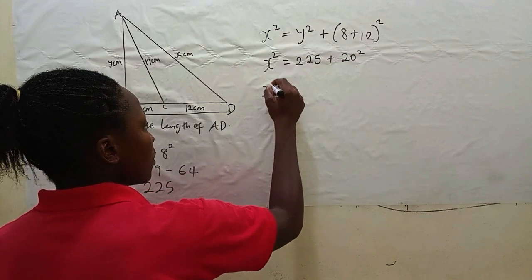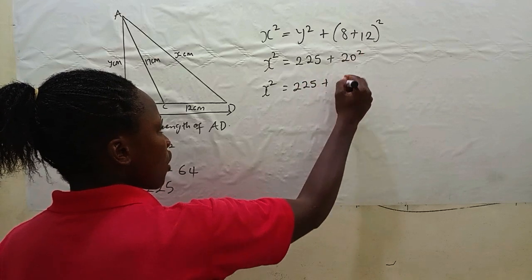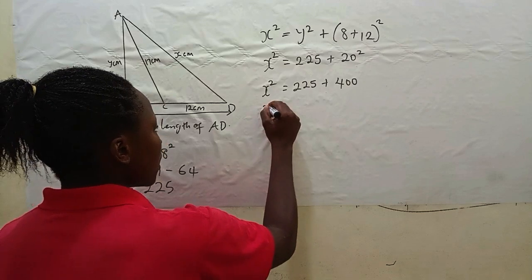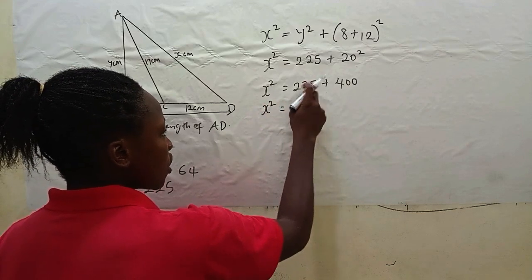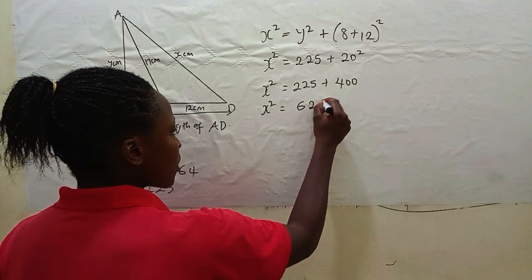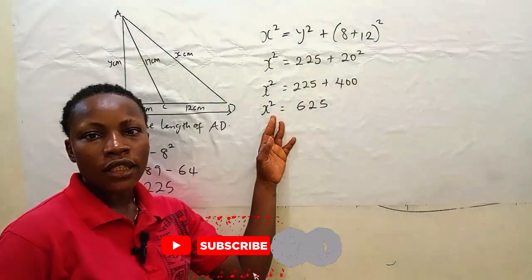I'm going to have x square equals 225 plus, the square of 20 is 400. x square equals, this plus this is going to give us 625. Alright, so our x square is equal to 625.